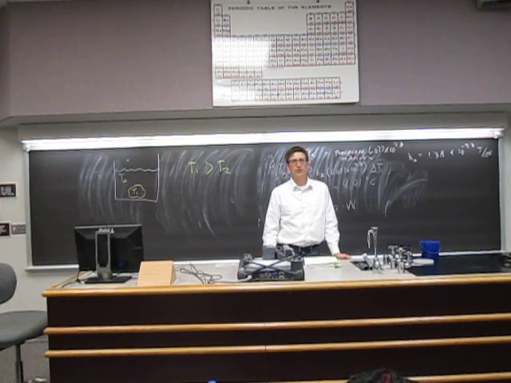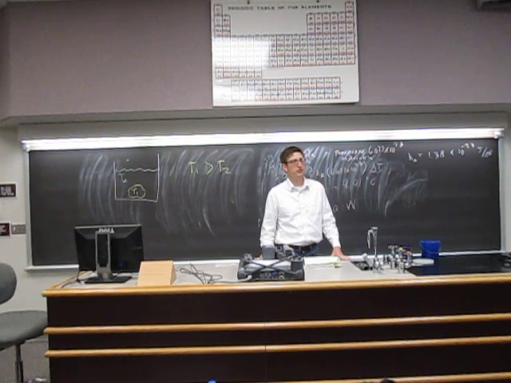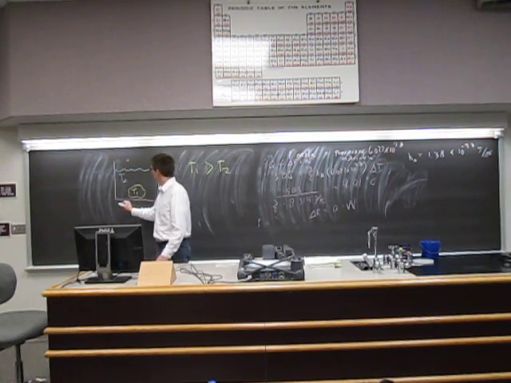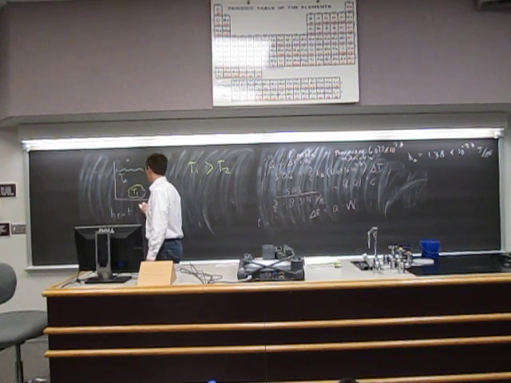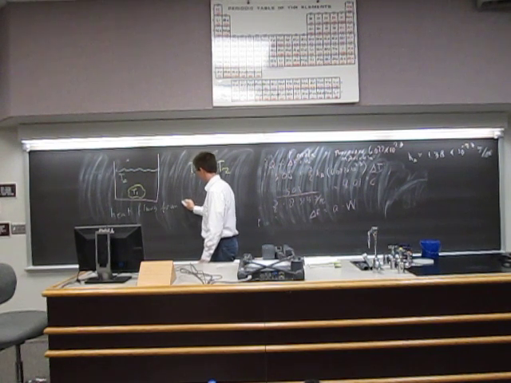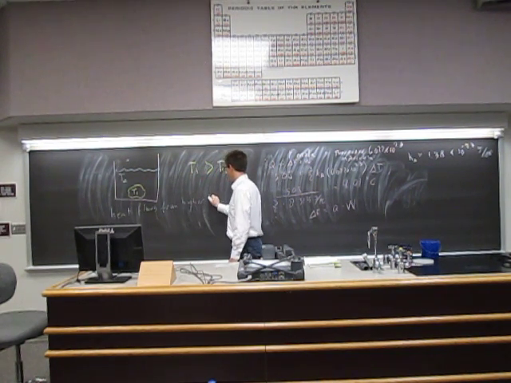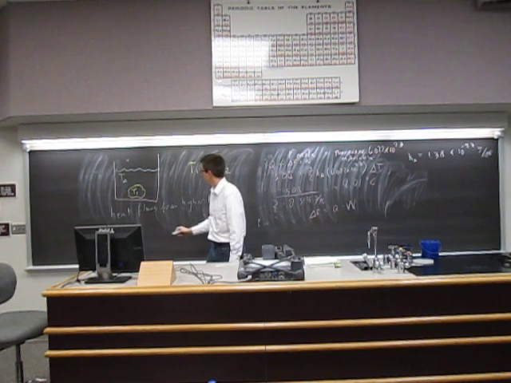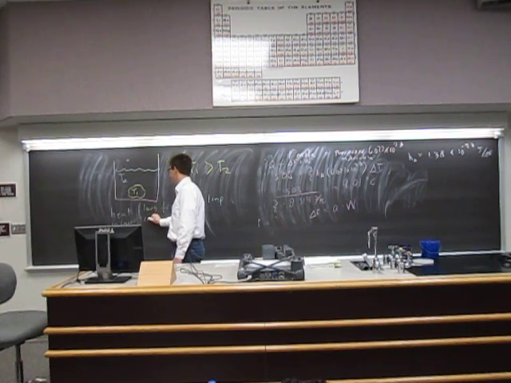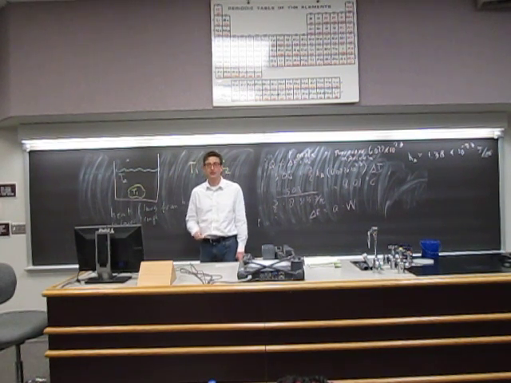From experience, we see that if we have two things in contact that have different temperatures, heat flows from the higher temperature to the lower temperature until the temperatures are the same.